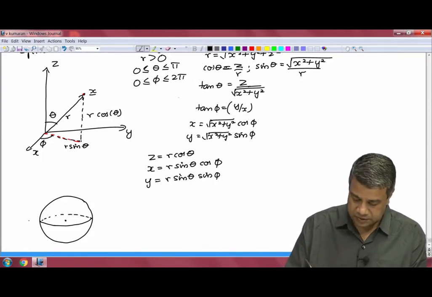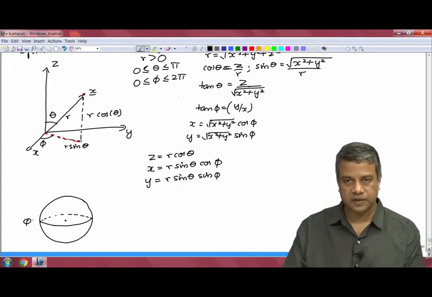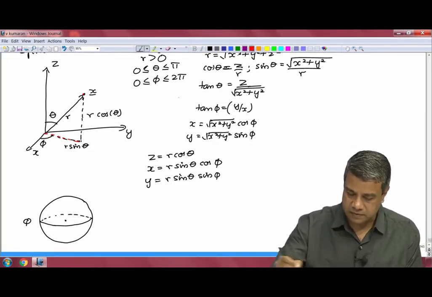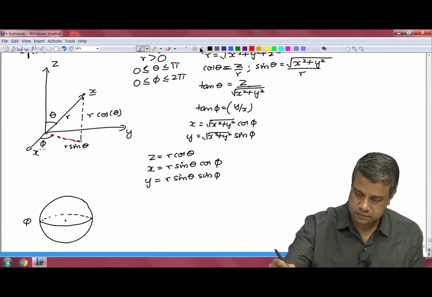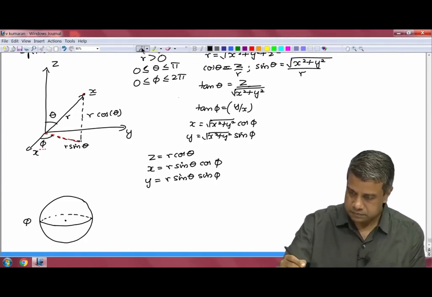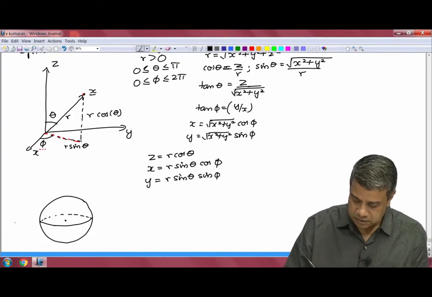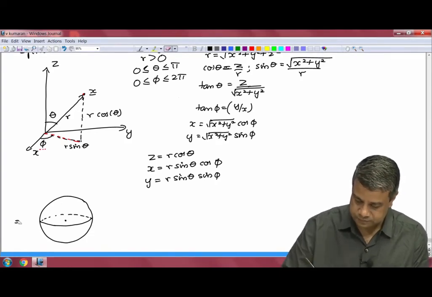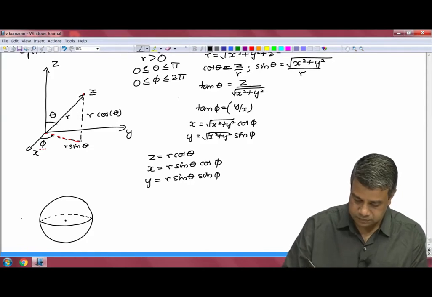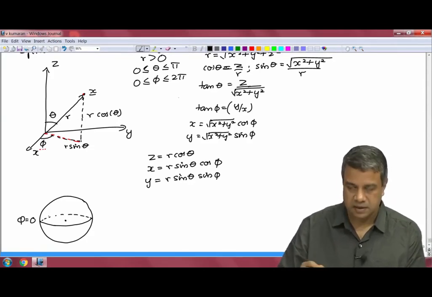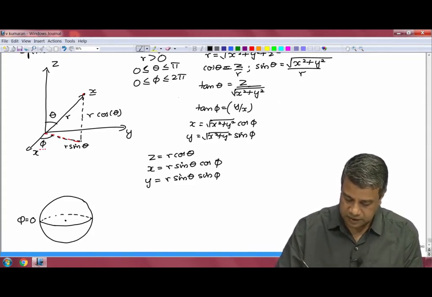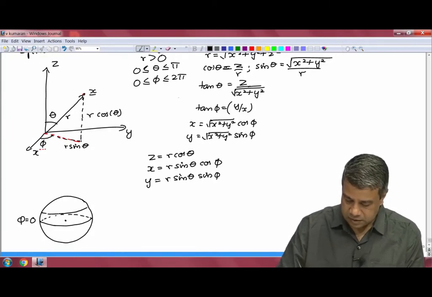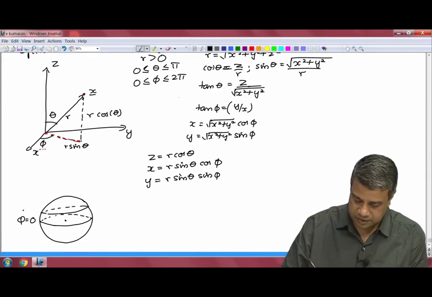So, if I use the geographic coordinate as phi, as distinct from this phi that I am using here, the equator is phi equals 0. And then you have the 30 degree line, the Tropic of Cancer and the Tropic of Capricorn, where phi is equal to pi by 6.